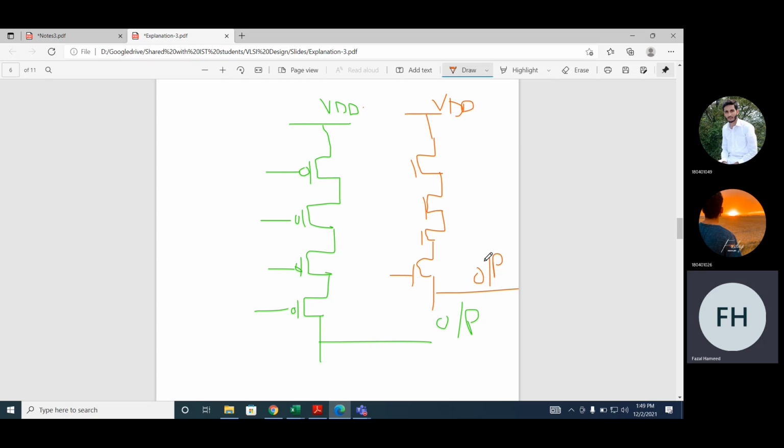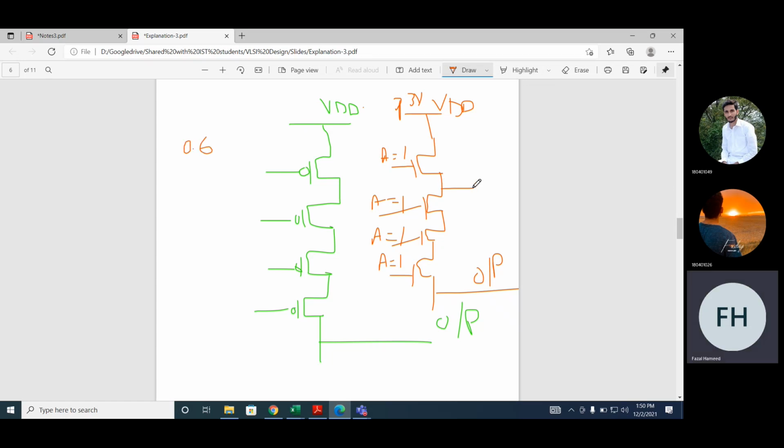Okay, let's assume A is 1, and all the inputs are 1. Let's assume this VDD is 3 volt and VTH is 0.6 volt.